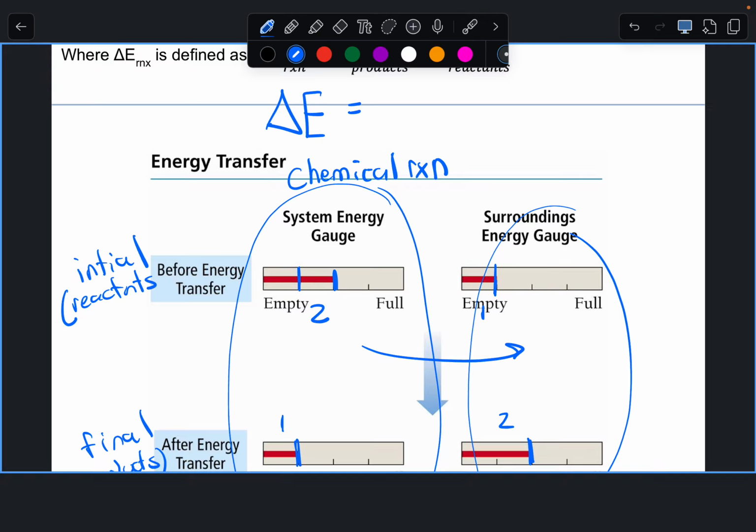I always, always, always want you to calculate this final minus initial. Okay, so you're going to start with the ending value and subtract the starting value. Or another way to think of this would be like, if you're talking about a reaction, it would be products minus reactants.